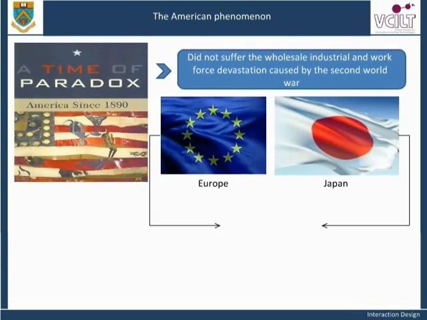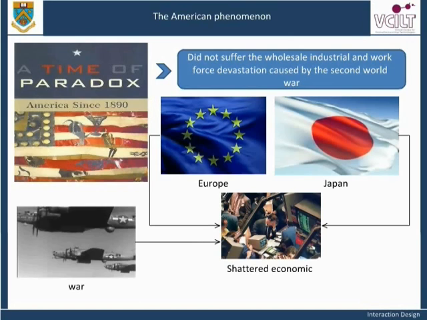Europe and Japan's economies were shattered by the war, and much of the late 1940s and 1950s were spent trying to recover. Economic figures for Europe and Japan were therefore completely altered to the extent that trying to factor out the effect of the war in the economic figures, i.e. trying to calculate how Europe and Japan's economies would have fared if it were not for the war, is completely impossible.